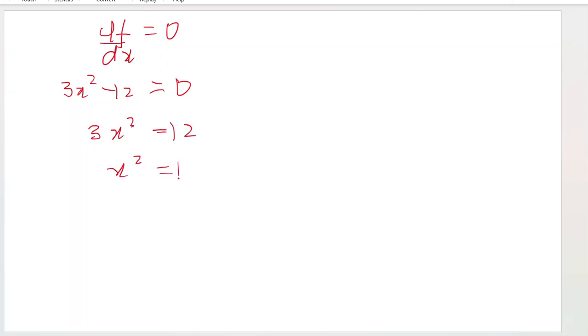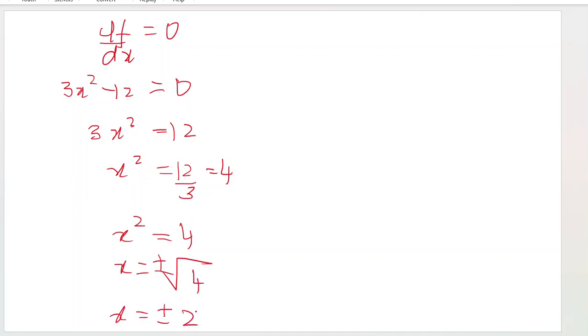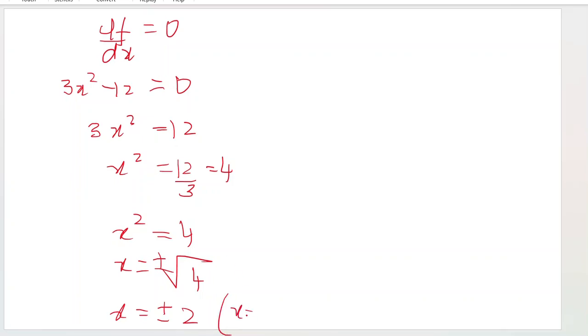X square is equal to 12 upon 3, which is 4. So x square is equal to 4. Therefore x is equal to root of 4, which is x is equal to plus or minus 2. Therefore the answer is either x is equal to 2 or x is equal to minus 2. Since x is equal to 2 is there, we say 2 is a stationary point.